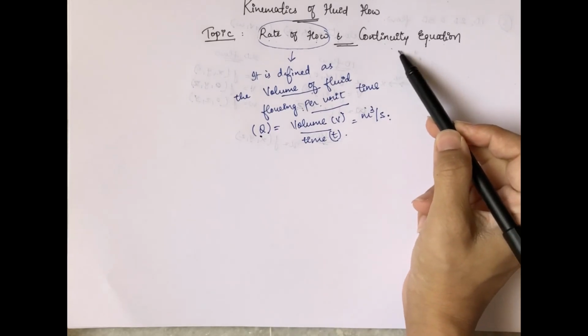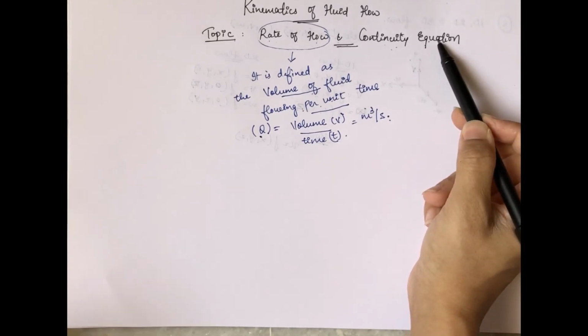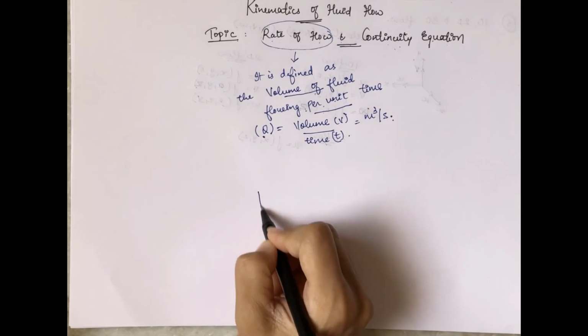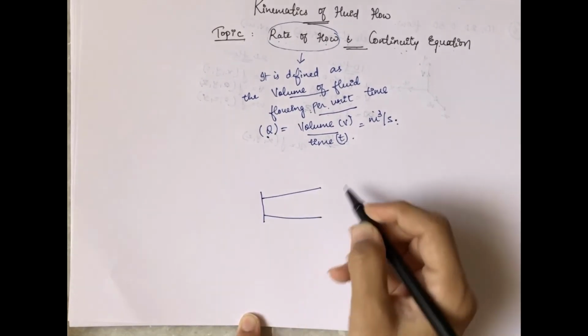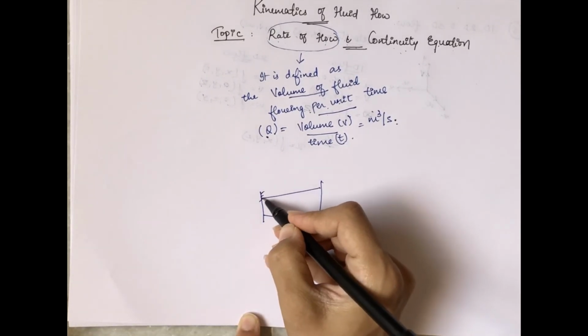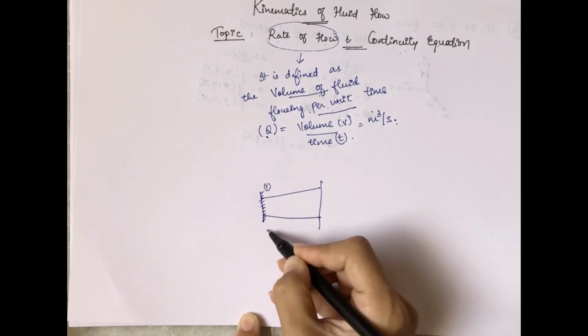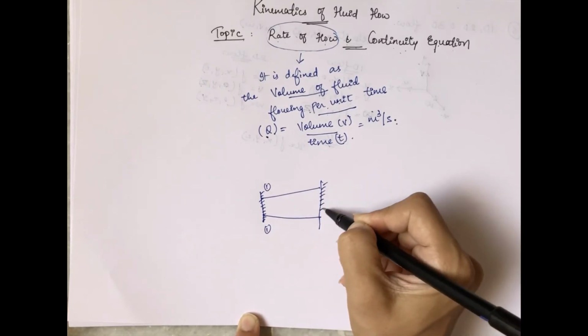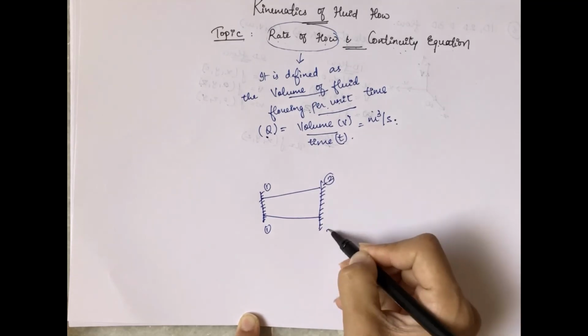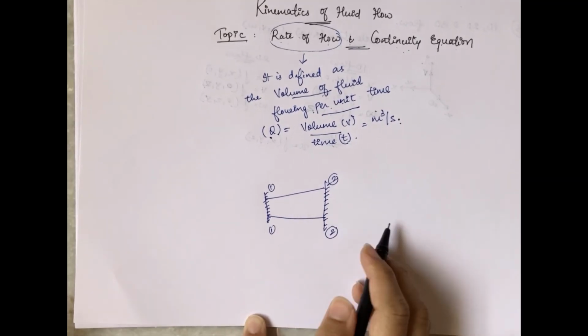Now let us understand what the continuity equation is. Here I am drawing two sections of, say, a pipe. This is section 1 and this is section 2. Fluid is flowing through this pipe.